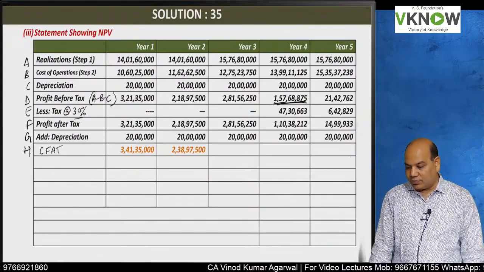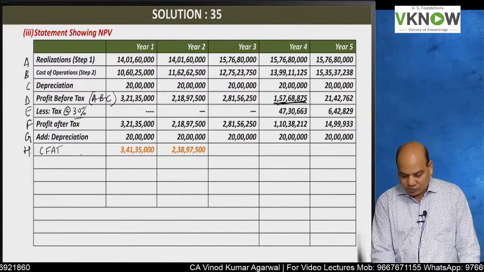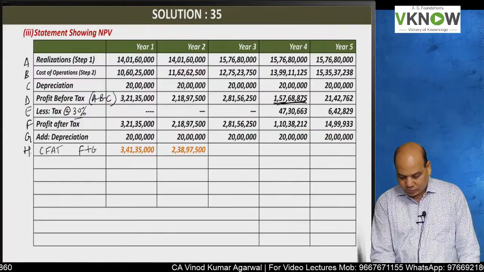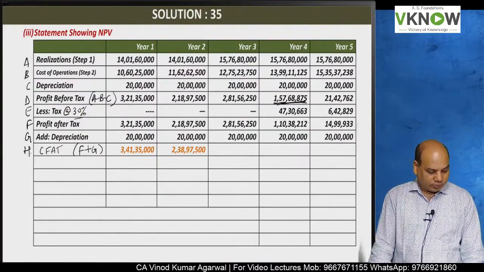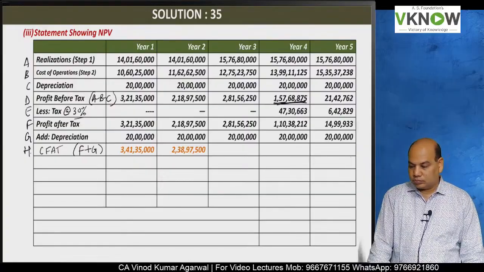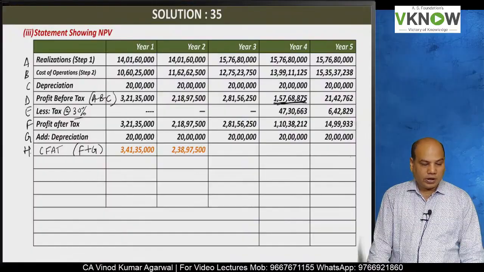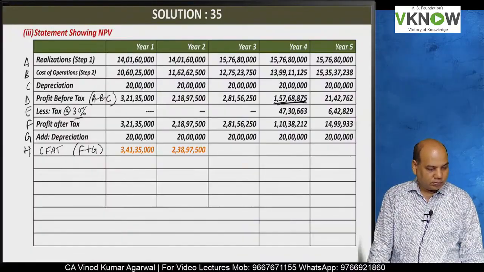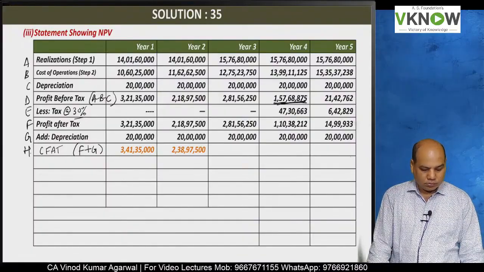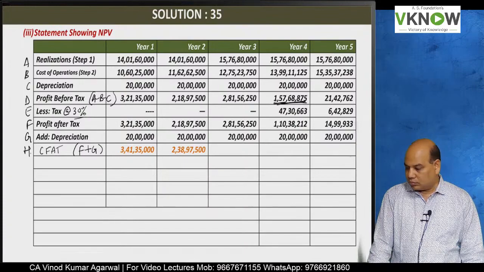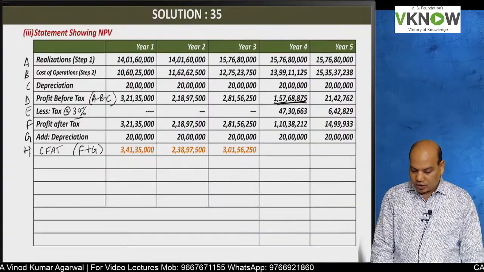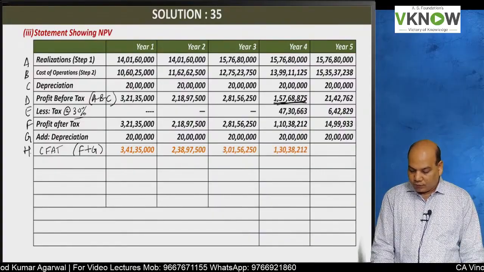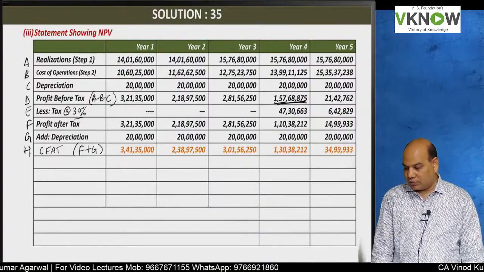Write down point number H, CF80, F plus G. First year, second year, third year, fourth year, fifth year.